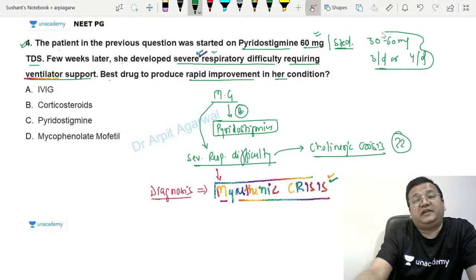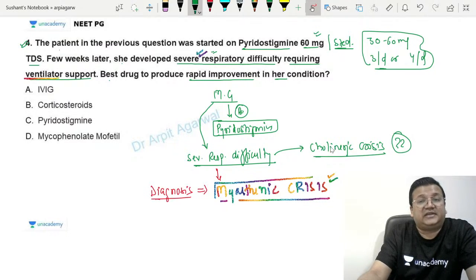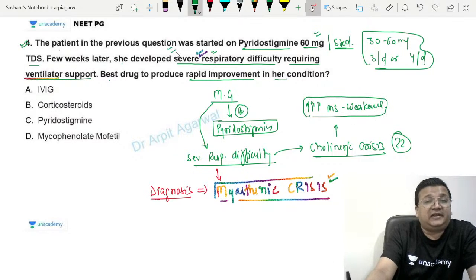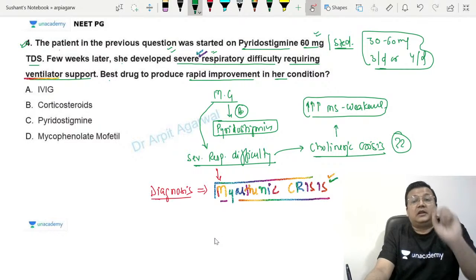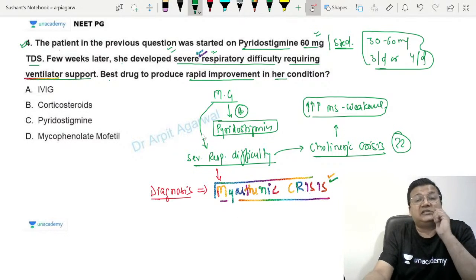So this is not a high dose. Even cholinergic crisis will present with increasing muscle weakness, and increase in symptoms will be reported first. Suddenly developing respiratory difficulty requiring a ventilator will not occur. So the patient is suffering from myasthenic crisis.